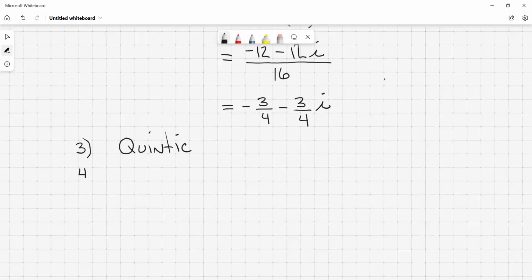And number 4 on that page asks you to classify by the number of terms. All right, there's 4 terms there. So that was a polynomial of 4 terms.